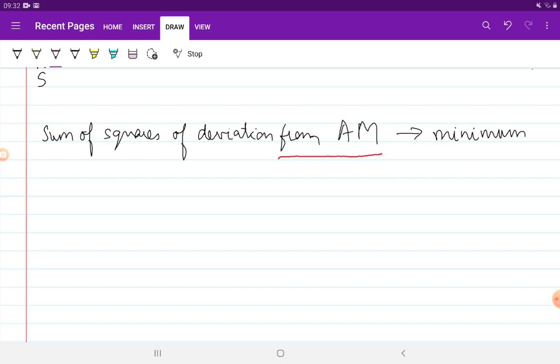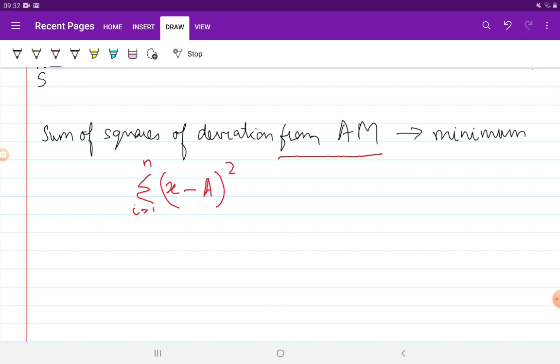In terms of symbols, what that means is deviation is defined as the observation minus, I'm calling A the arithmetic mean. So this is the deviation. Sum of squares would mean you square these deviations and you sum it up across all your n observations.